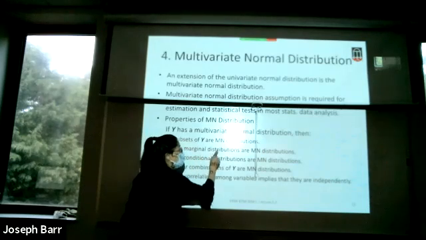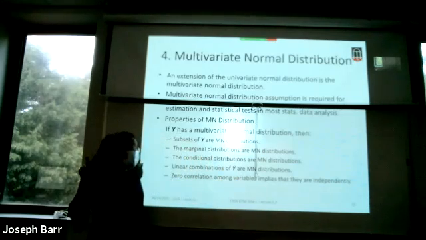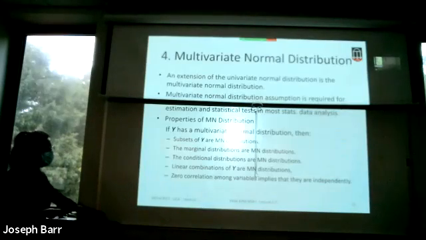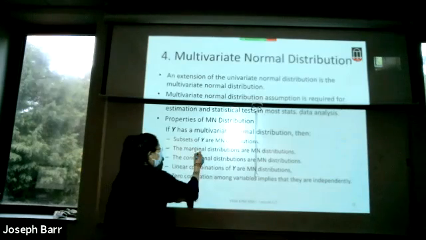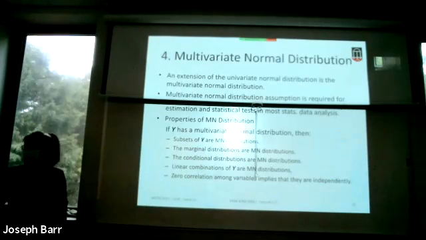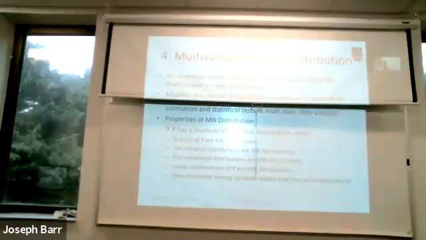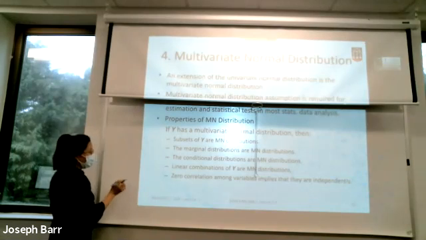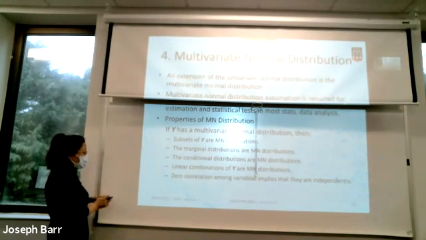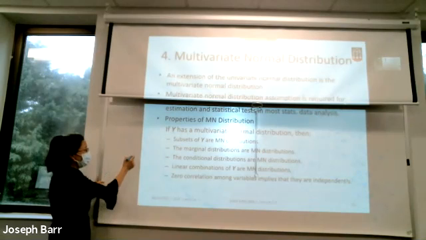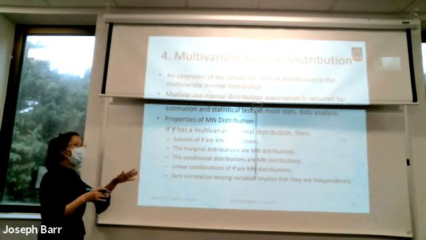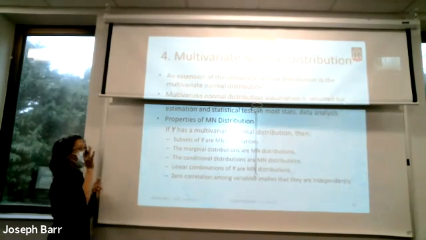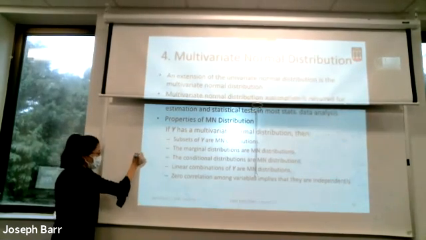Also, the marginal distributions are multivariate normal. What does that mean? What is a marginal distribution? Here we consider so many variables, y1, y2, up to yk. If you do the integral, because all of these y's take values from the minimum to the maximum, you integrate out all of these.